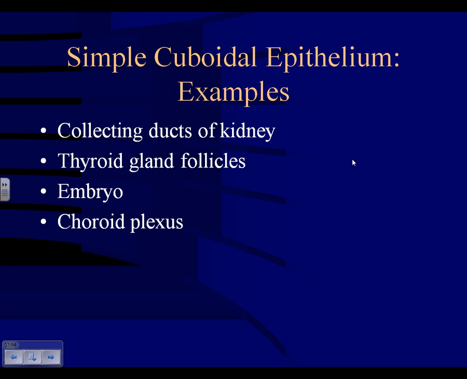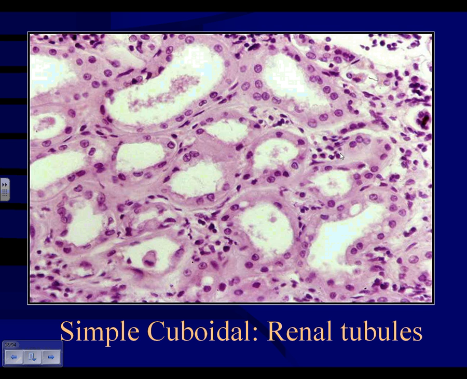It'd be very unusual to encounter embryonic elements as a cytologist; it's generally more the purview of surgical pathologists, but it's good to be aware of it. And the choroid plexus surrounding the brain. We'll see some examples. So this is the renal tubule here. These little tubules, and you can see these cells are just little boxes. This is a simple cuboidal epithelium here.